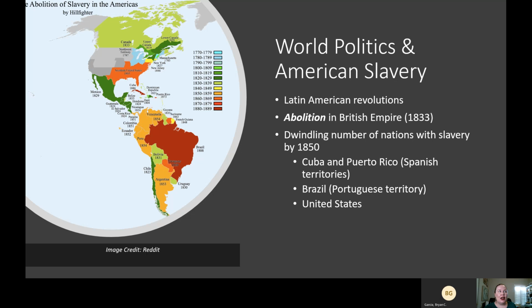Your textbook mentions Nat Turner in 1831, I believe, and his rebellion, also getting slaves to rise up and rebel against white people, and kills a bunch of white people. So there's always this fear of violence and rebellion. And so this also feeds into why they treat slaves so harshly, because there's this fear that they will revolt and will start killing white people.